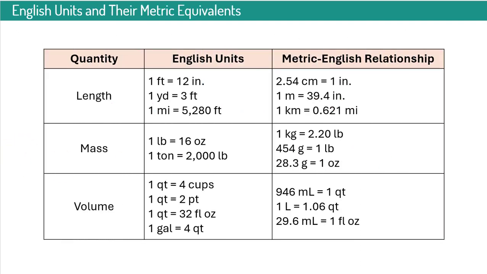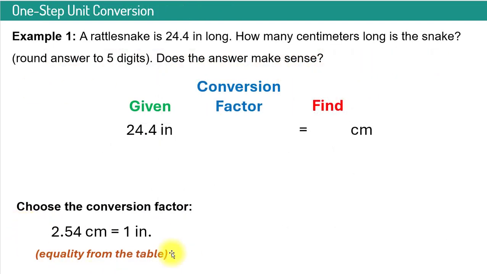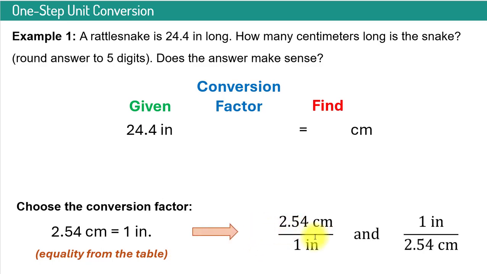This table provides various metric English relationships, and that's the one we need for our problem. It relates centimeters and inches. Let's copy it. Now, from the equality that we got from the table, we can obtain 2 conversion factors. 2.54 centimeters over 1 inch and then 1 inch over 2.54 centimeters.